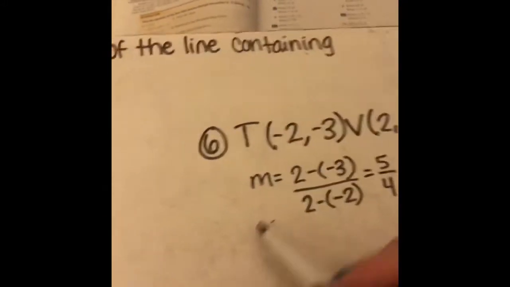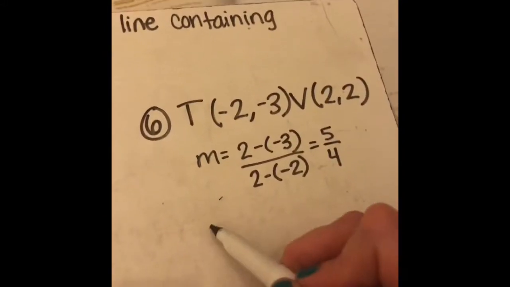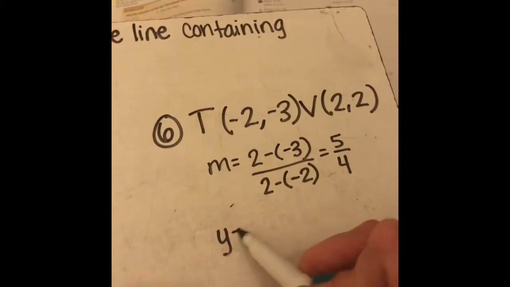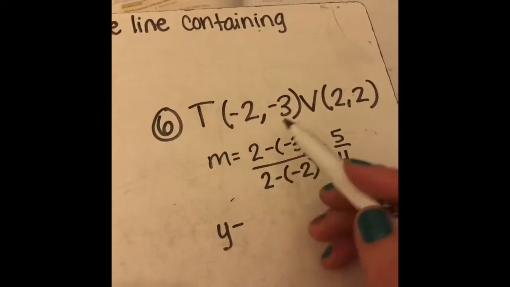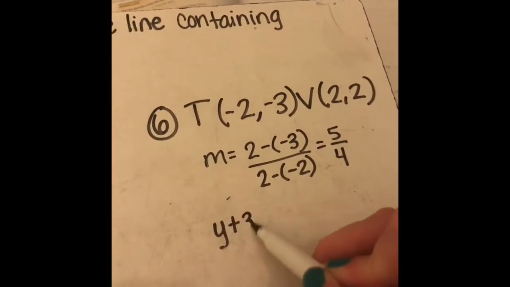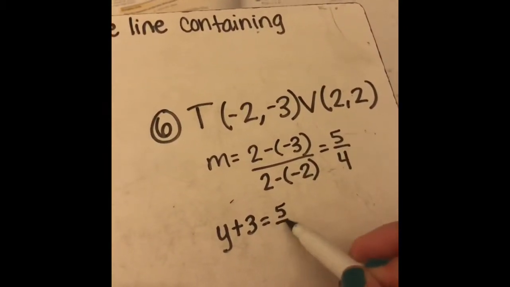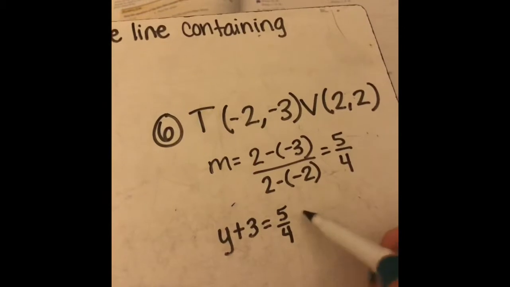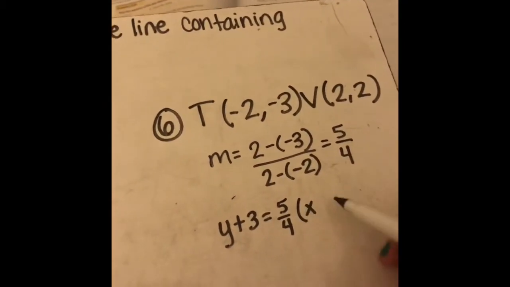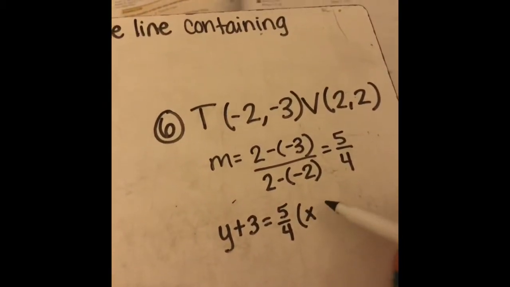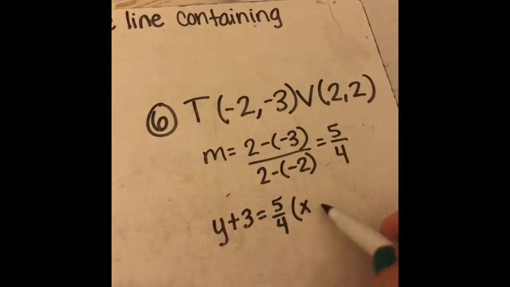Now we can plug it into y minus y1, which is -3, so we'll just make that equal the slope, which is 5/4, times x minus x1, which would be just plus 2.